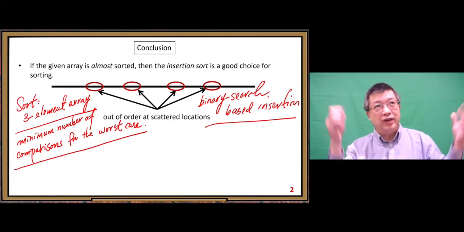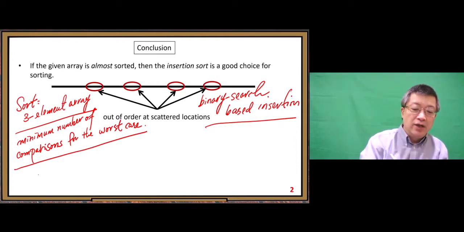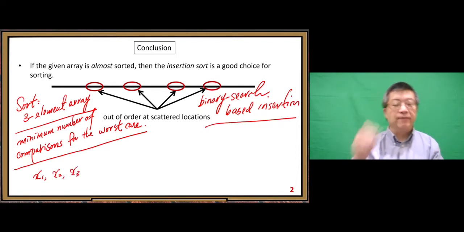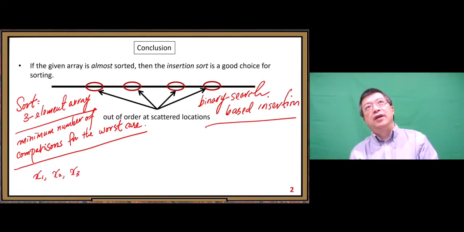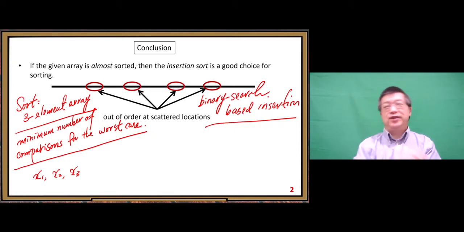So let's work on it. Suppose these 3 elements are x1, x2, x3. Let's use insertion sort. How about that? We just learned insertion sort, so it is natural we try to use insertion sort.